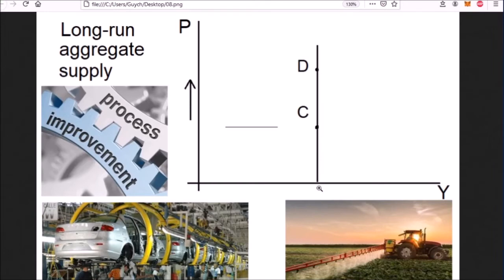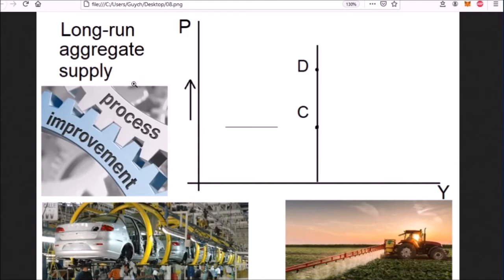And it actually stands at the long-run potential GDP of the country. Because in the long run, if the country is experiencing a recession at the moment, if you wait long enough, the economy will eventually grow out of the recession, reaching a long-run equilibrium.